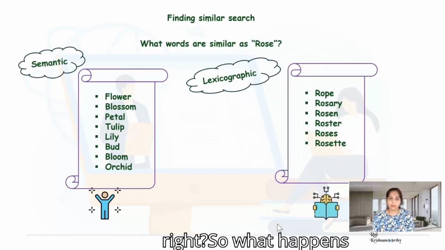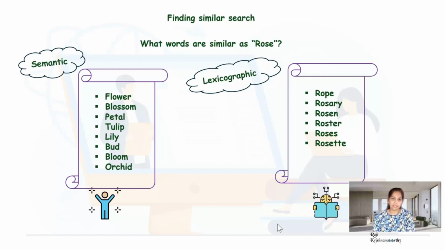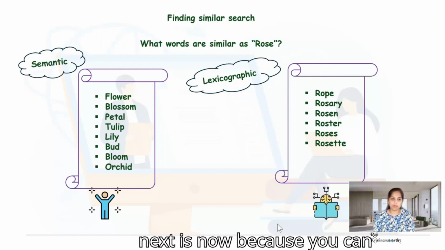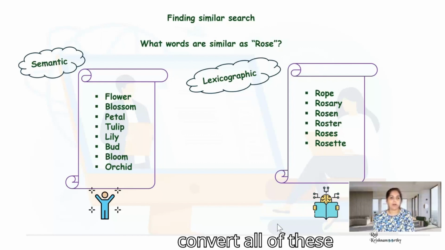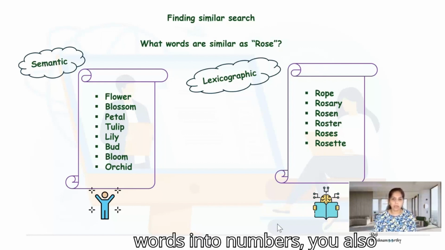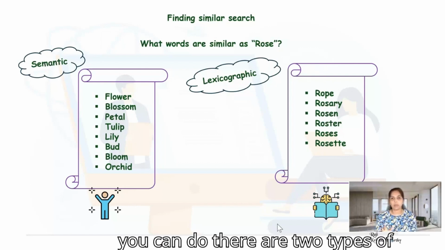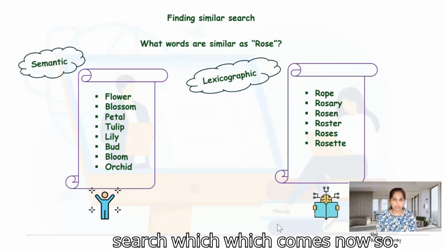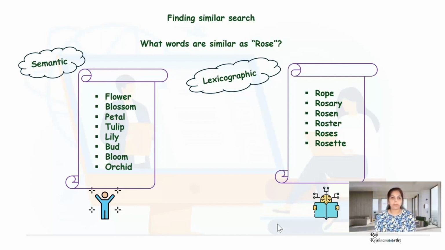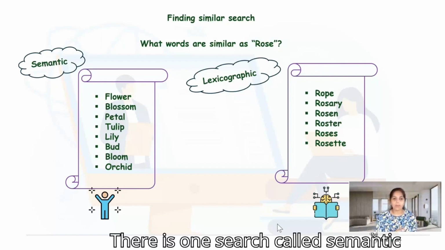Now, because you can convert all of these words into numbers, you also need to notice that there are two types of search. One is called semantic search.